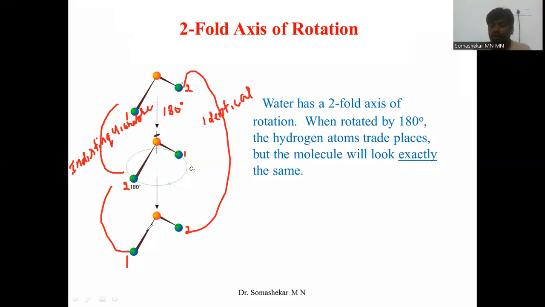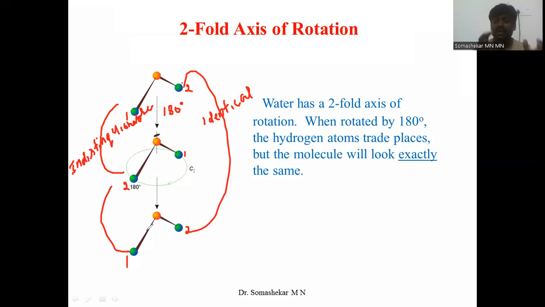That is how you have to do a rotation operation. That means water has a twofold axis of rotation. When rotating by 180, the hydrogen atoms trade places, but the molecule will look exactly the same.